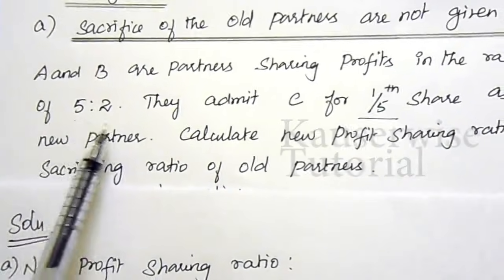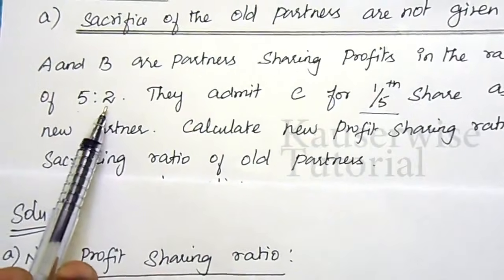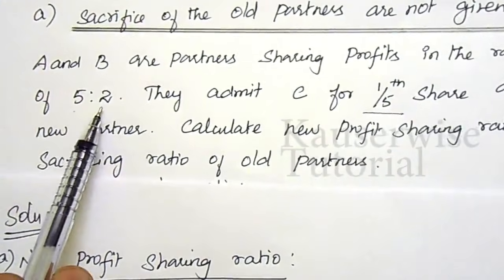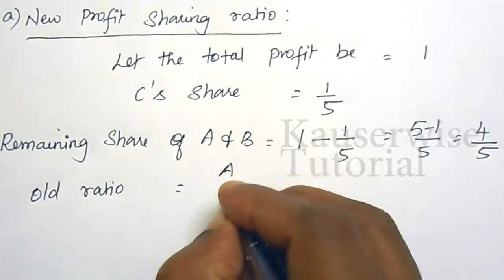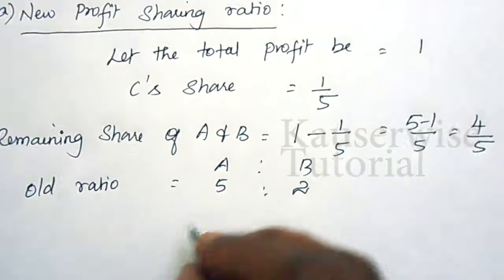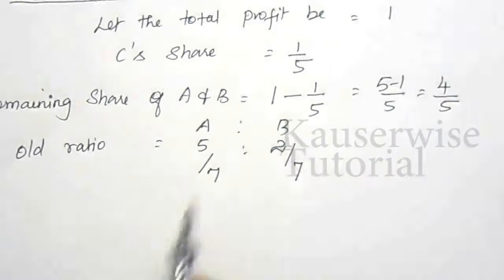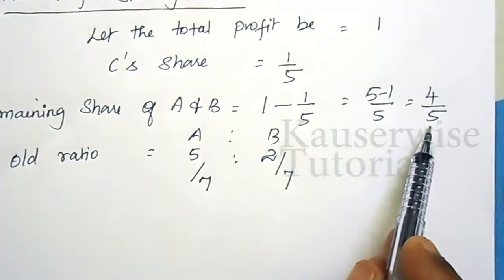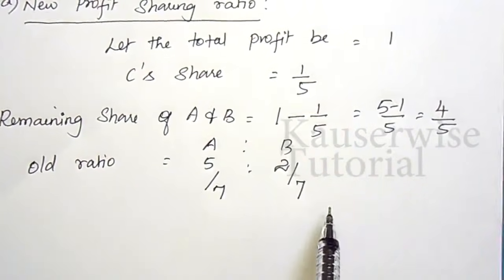This is the remaining portion, and this will be shared by A and B according to their old ratio. The old partners' sharing ratio is 5:2. So 5 plus 2 is equal to 7. Old ratio is for A 5 by 7, for B 2 by 7. They need to share the remaining portion according to their old ratio in order to find the new ratio.